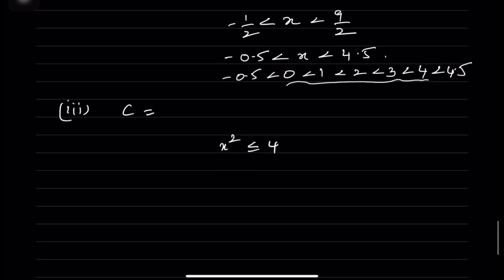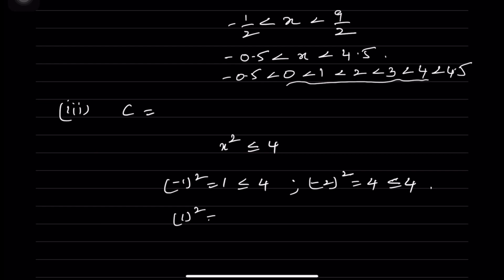It means that minus 1 whole square is equal to 1, which is less than 4. Then you can take minus 2 whole square is equal to 4, which is less than or equal to 4. So therefore minus 3 whole square, now you can take even 1 square is equal to 1, which is less than or equal to 4.